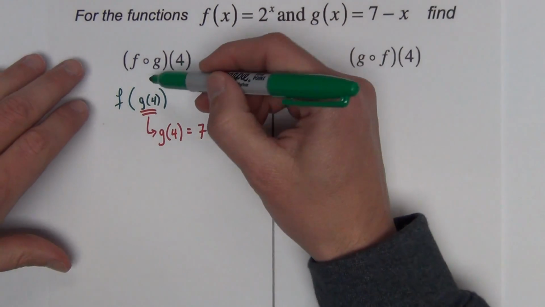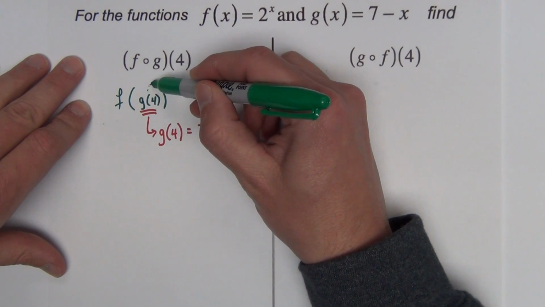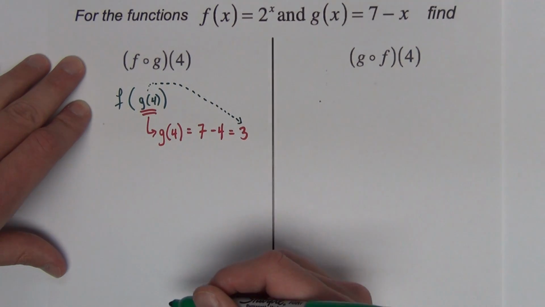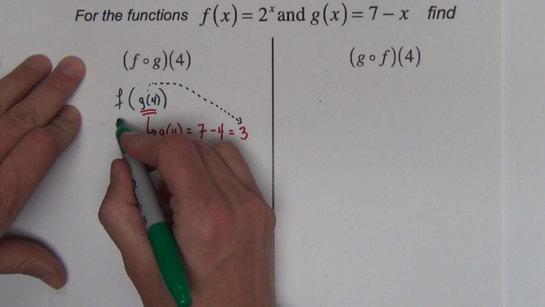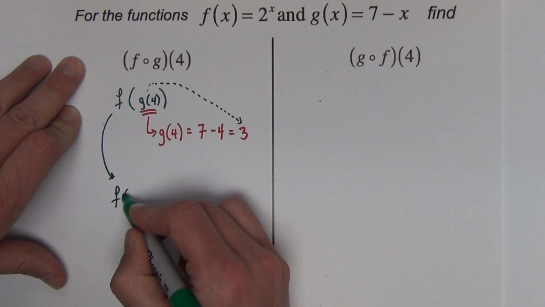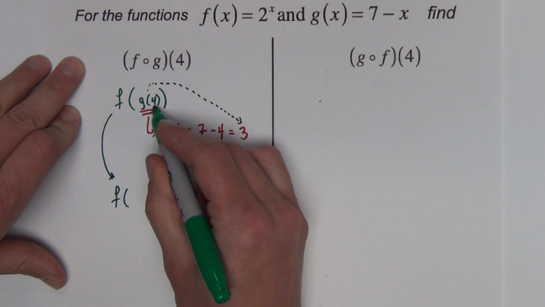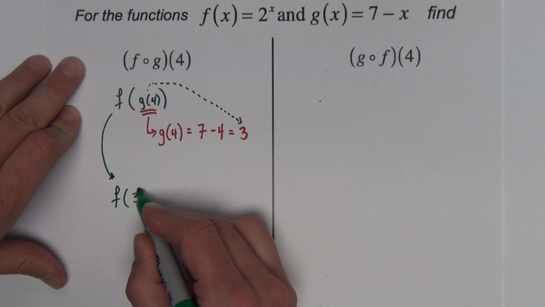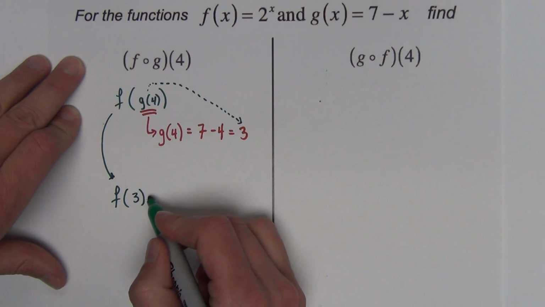The value of g of 4 is 3. Now this problem rewrites as f of, instead of g of 4, g of 4's value is 3. Let's put 3 in here. And now we're asked to find f of 3.